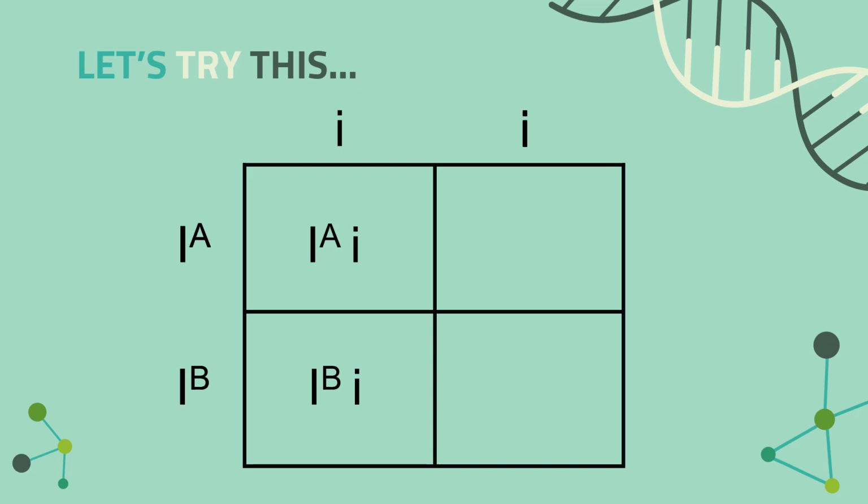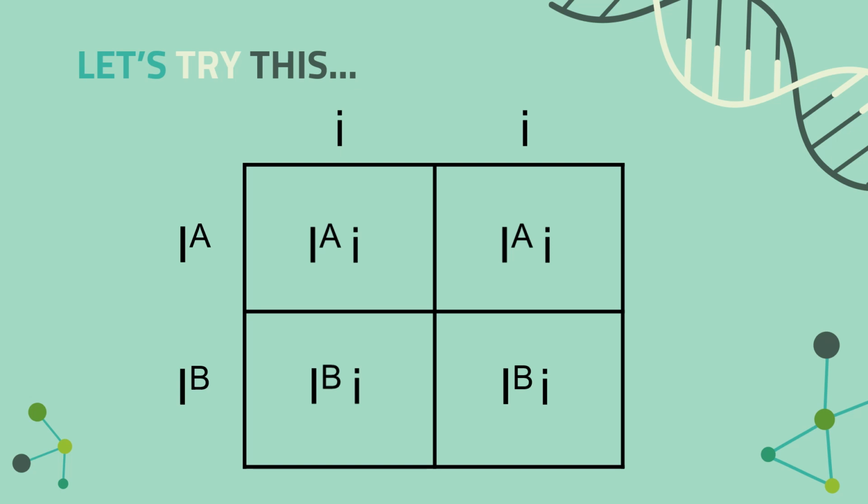Then, uppercase I^A and lowercase i, that's uppercase I^A, lowercase i. Finally, uppercase I^B and lowercase i, you'll get uppercase I^B and lowercase i. Did you get it right?